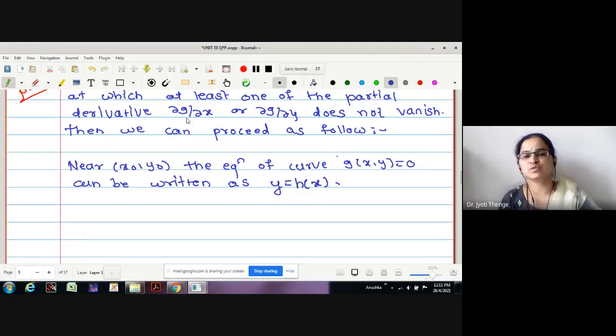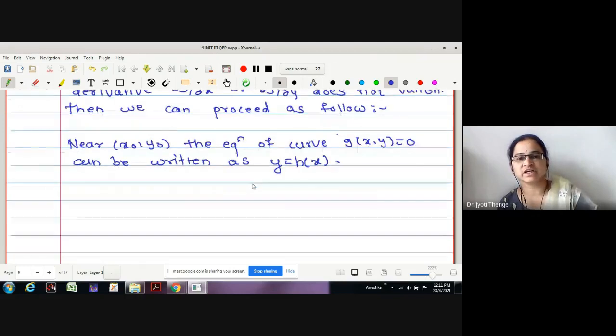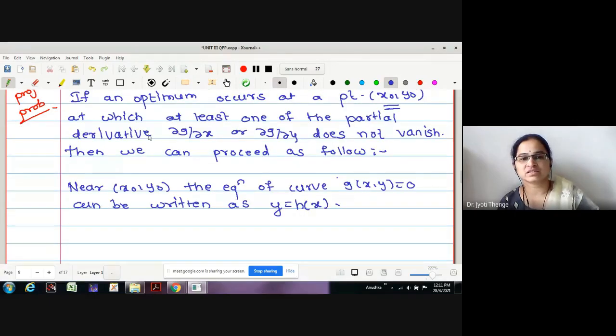We have assumed one of dou g by dou x, dou g by dou y is not equal to 0, which gives a non-zero Jacobian determinant. I hope you remember this concept we studied in real analysis 1, the implicit function theorem. What is the condition essential for writing an implicit function in explicit form? The Jacobian determinant is non-zero. Whatever we assumed assures that the Jacobian determinant is non-zero. Therefore, this implicit function we can write in explicit form.